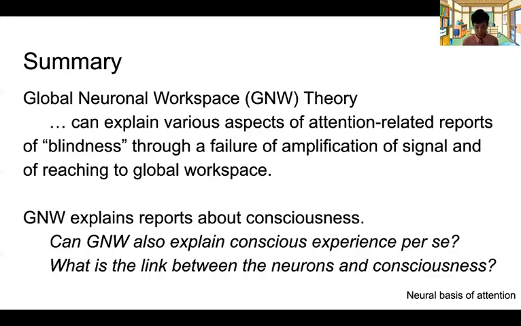And one of the biggest problems of the global neuronal workspace is that the link between the neural activity and consciousness remains really unclear. It is explained that something that enters the frontal areas becomes conscious. But what I reviewed until last week is that sensory areas such as V4, IT, or FFA, all these local areas of the network, generate conscious experience of color or motion or faces and objects.